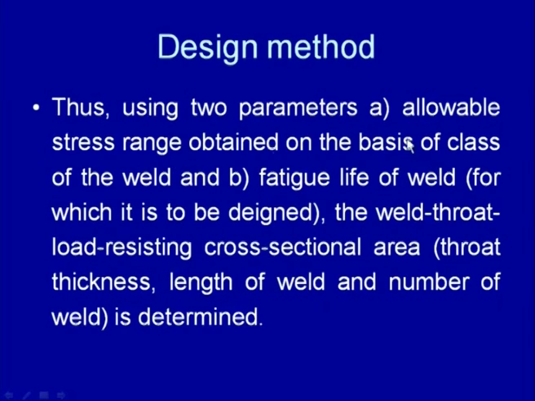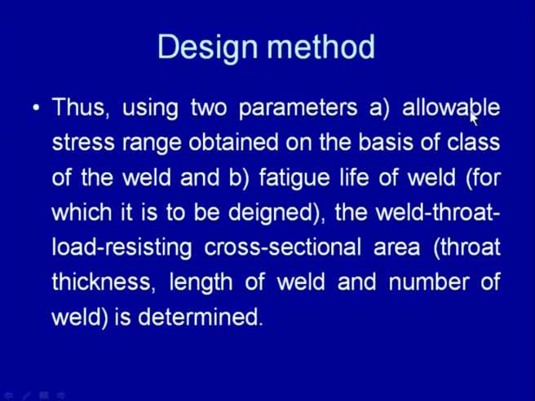So, this is what is done for designing the weld joint for fatigue loading, basically using the allowable stress range obtained on the basis of the class of weld and the fatigue life for which the weld joint is to be designed.